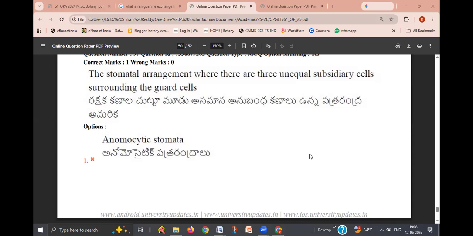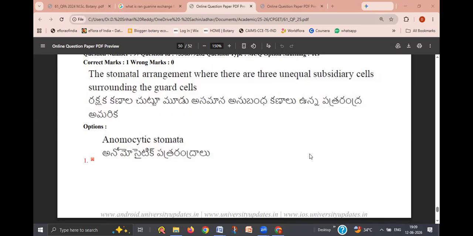In the structure of the stomata, we see two guard cells. Usually they are bean shaped or kidney shaped in dicot leaves. But in monocot leaves, usually they are dumbbell shaped.